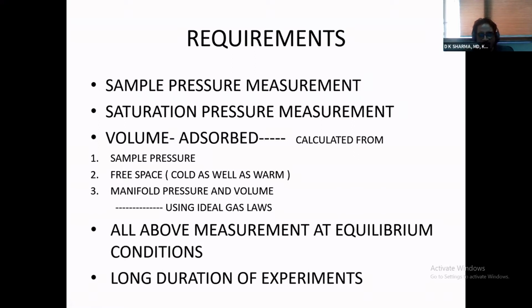This manifold pressure and volume have to be known precisely. Pressure, of course, can be measured. Volume is basically a pre-known quantity. You have to know the volume before you can do the experiment. This volume is part of what we call calibrations.